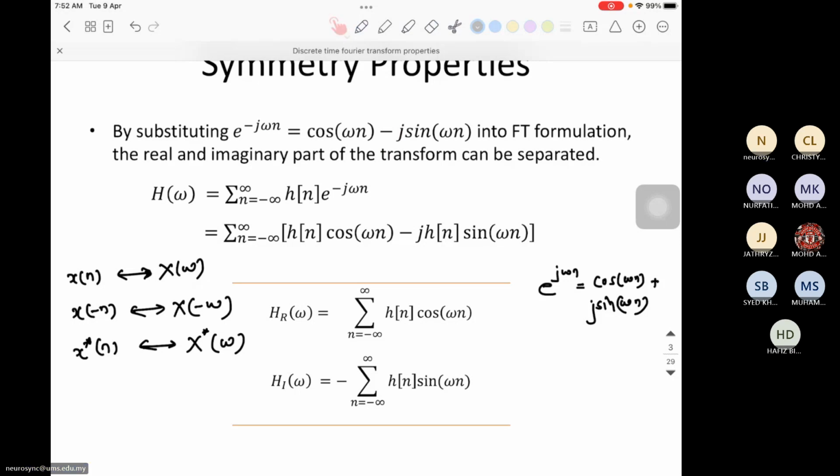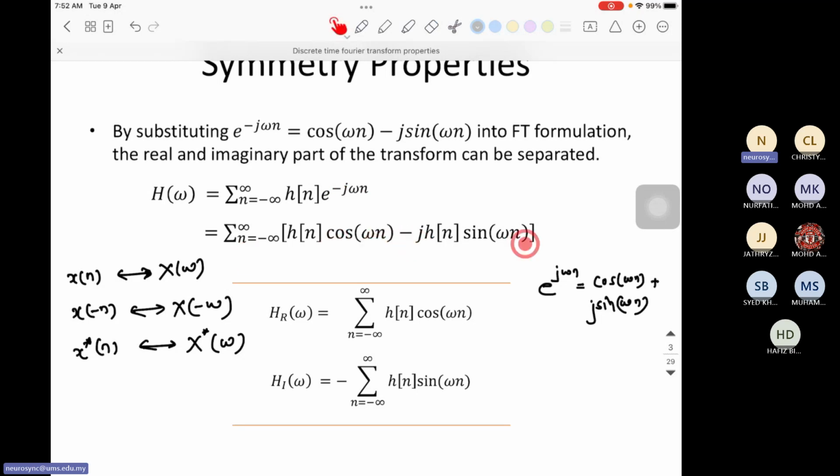Now we know the standard formula of DTFT, the discrete time Fourier transform. If you expand the term e to the power minus j omega n, instead of this I can write cos omega n minus j times sine omega n.